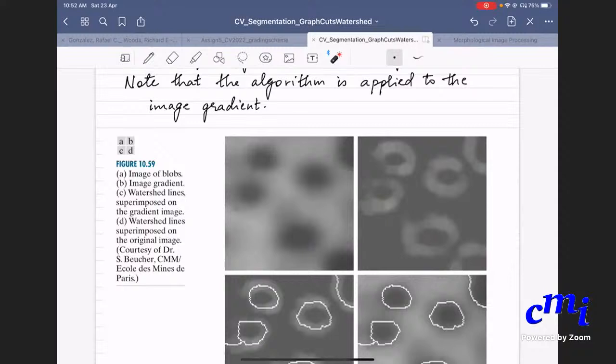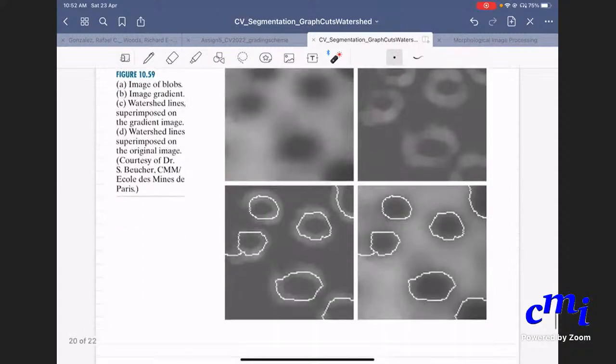So you can imagine that if you start flooding water through those minima, then as the water rises in the topographical image, these are at a higher level of intensity, so these are at some height in the topography. As you fill water, to avoid flooding between these two regions, a dam is built in this way.